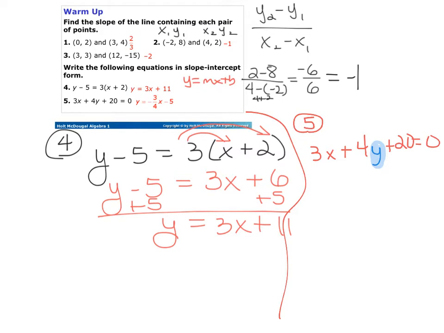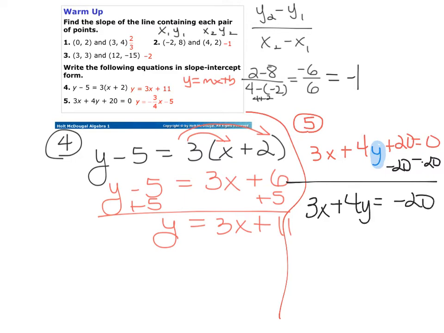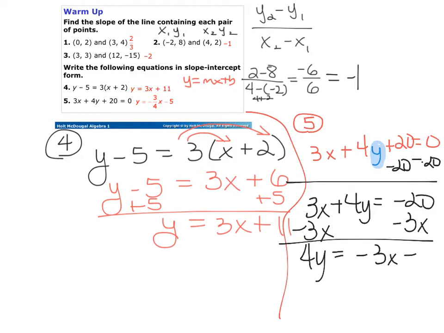So I need to move the 3x and the 20 to the other side. I'm going to subtract the 20 from both sides. 3x plus 4y equals negative 20. Then I'm going to move the 3x, and I get 4y equals negative 3x minus 20.